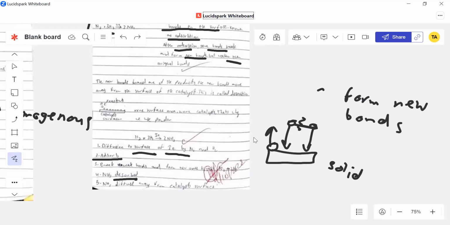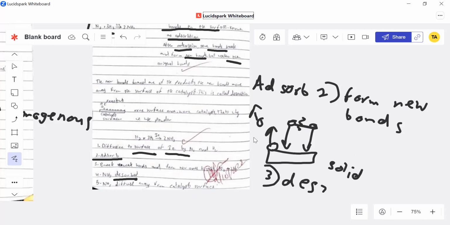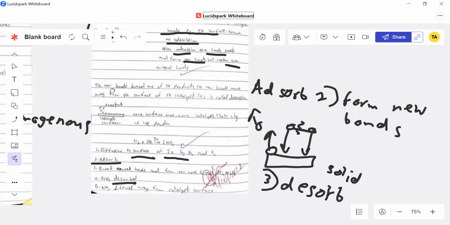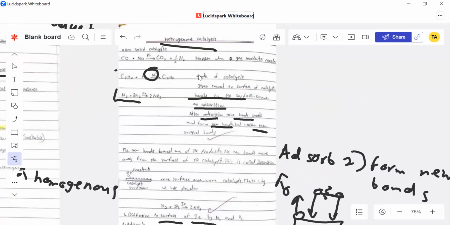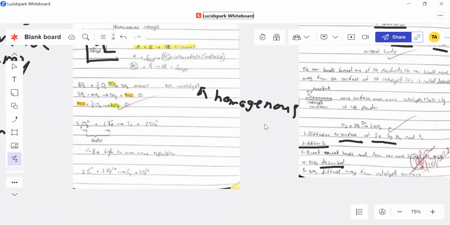And step three is desorption, where the gas molecules break off from the solid catalyst. When these gas molecules get away from the catalyst, this is called step three, or simply desorption. And this is pretty much heterogeneous catalysis and homogeneous catalysis.